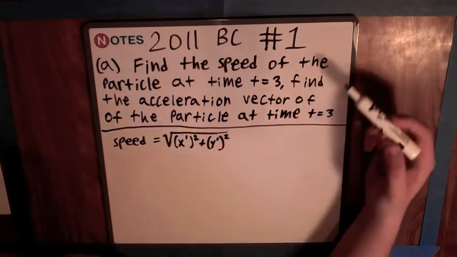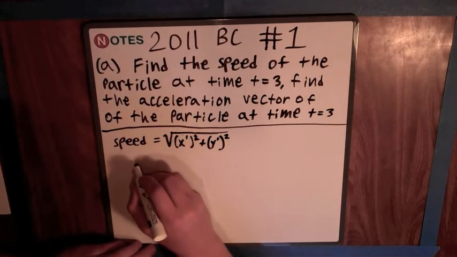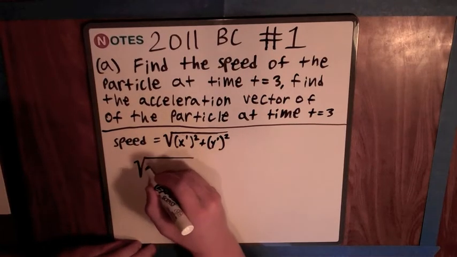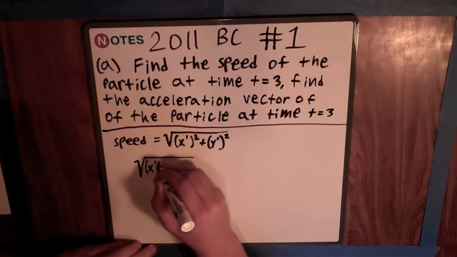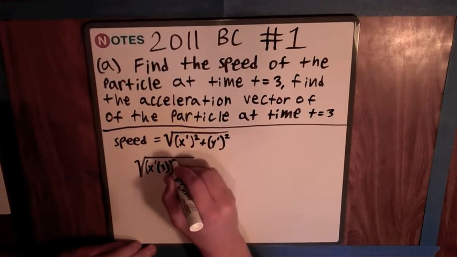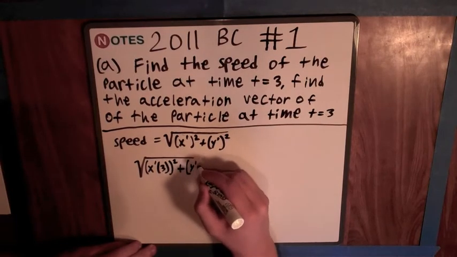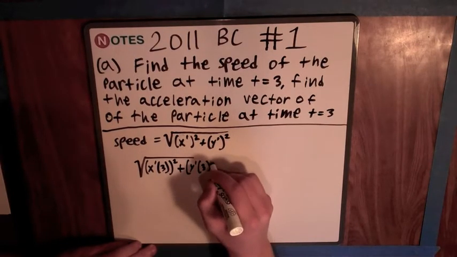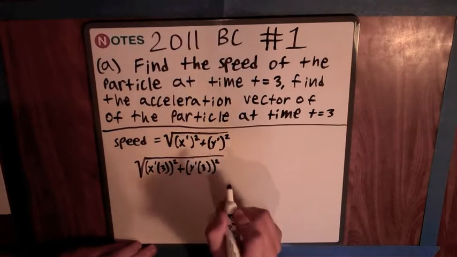So we're going to need at time t equals 3, so we'll go ahead and plug in our points. So the square root of x prime at 3 squared plus y prime at 3 squared, whole quantity square root.